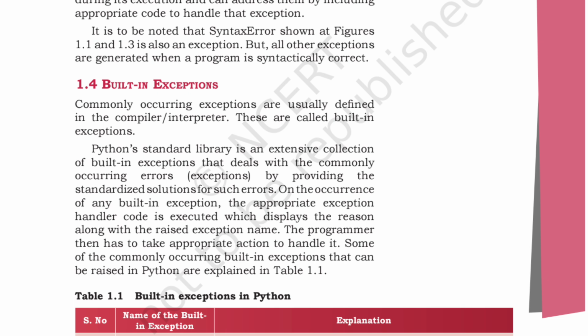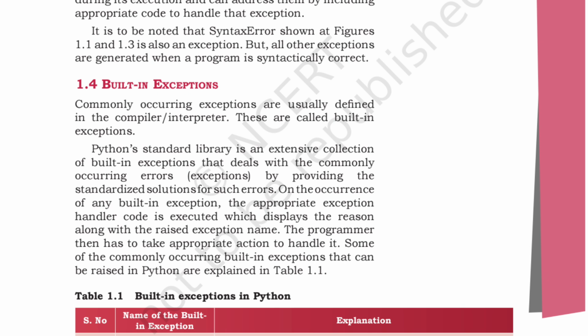So at that time, the exception will occur. On occurrence of a built-in exception, the appropriate exception handler code is executed, which displays the reason along with the raised exception name. The programmer then has to take appropriate action to handle it.